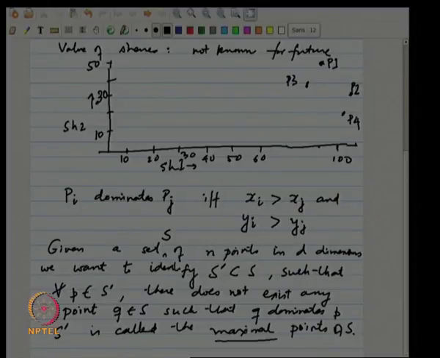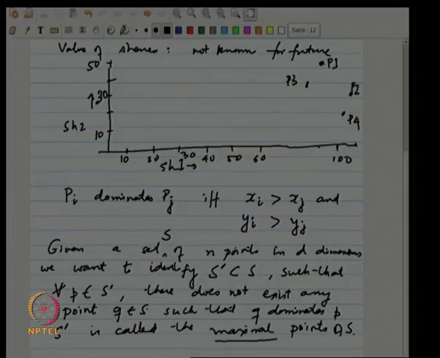It is not dominated by any other point, right. So, why are you saying only S? The question is why have I chosen Q to be in S? It cannot be dominated by any point in the set, not just S prime, sorry, S minus S prime. I can't let it be dominated by another point, no way. So, a maximal point is the one that is not dominated by any point in the set.